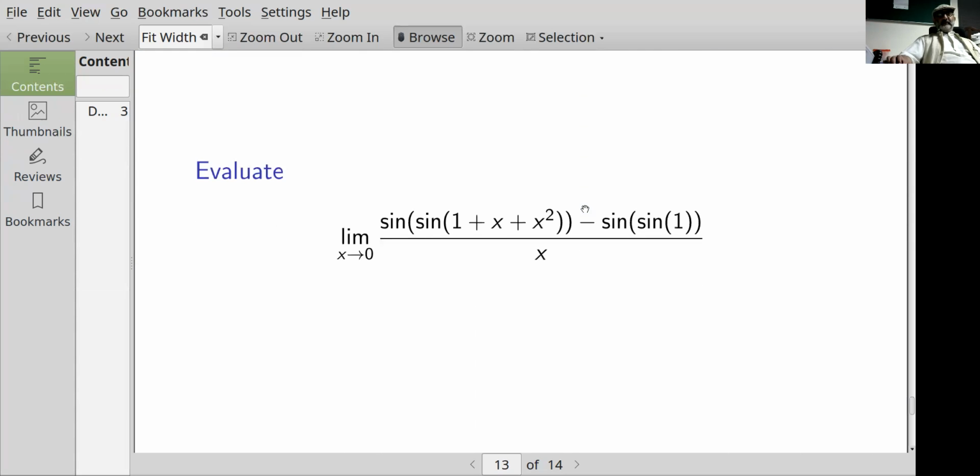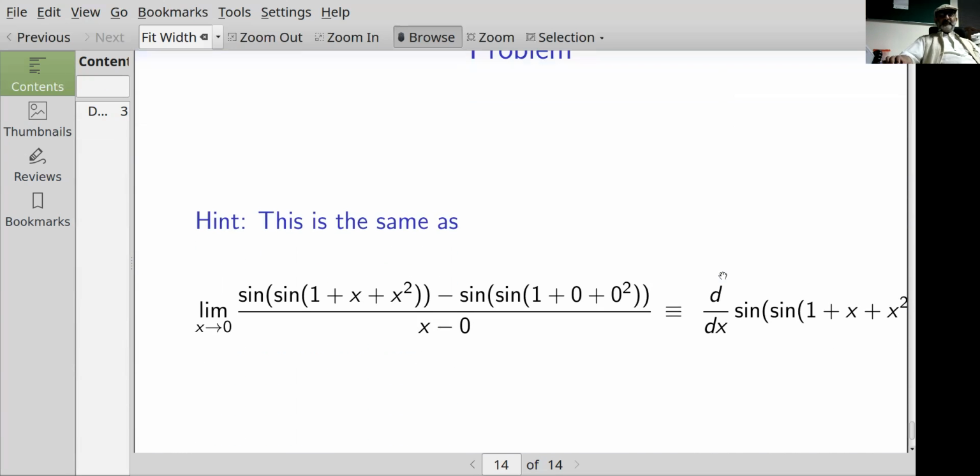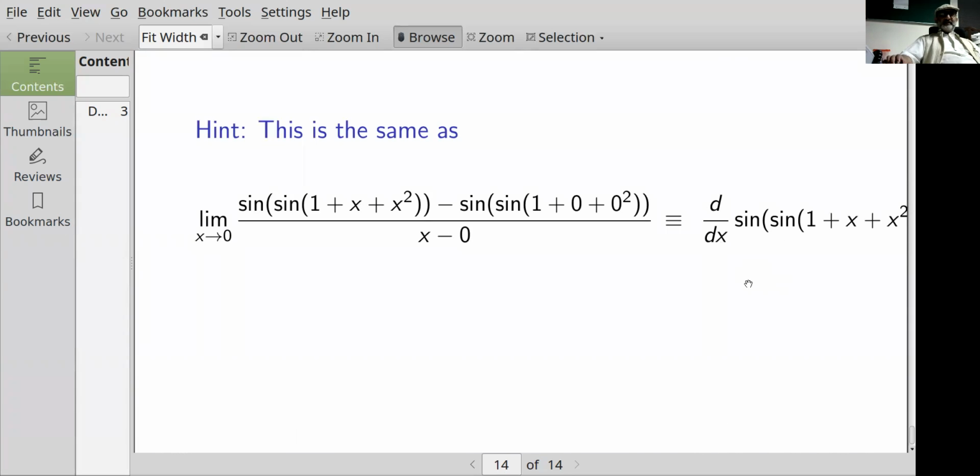Now, let's look at this. The limit as x goes to 0 of sine of 1 plus x squared minus the sine of 1 over x. We put it into a slightly different form, right? So this is the sine of 1 plus x squared minus the sine of 1 plus 0 squared over x minus 0.